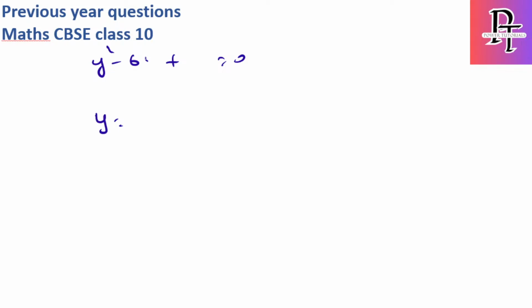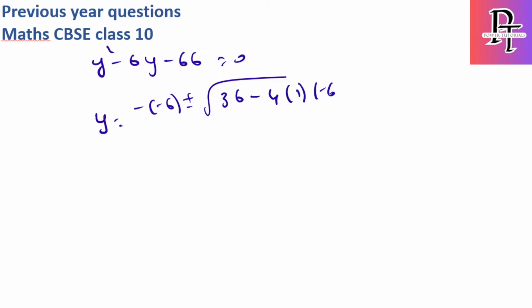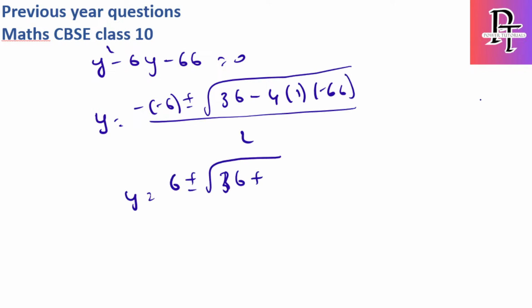Now y value is minus of minus b plus or minus root of b square minus 4 into a into c by 2a. So this becomes 6 plus or minus root of 36 plus 4 into 66. 6 4 24, 2, 6 4 24, 28, by 2.